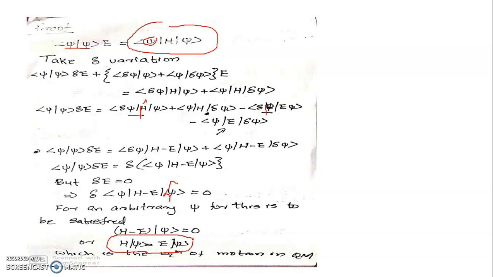As we are going to make use of this method as an approximation method for time independent problems, we have generated the equation of motion in the time independent problem, that is the time independent Schrodinger's equation. And this proves the applicability of the variational method in quantum mechanics as well.